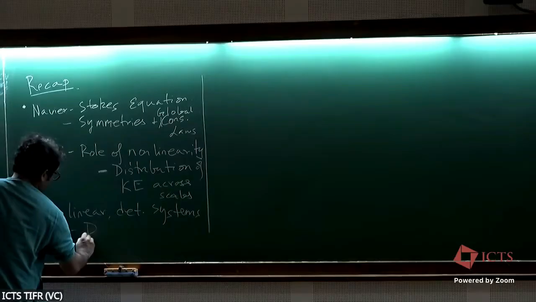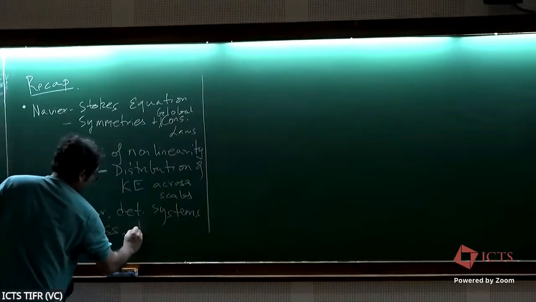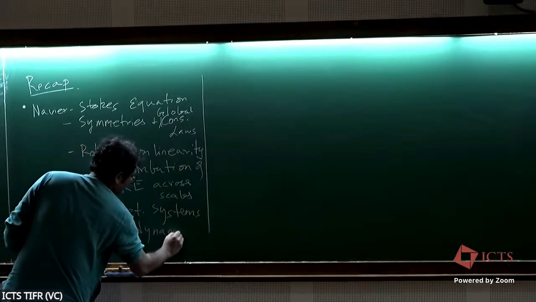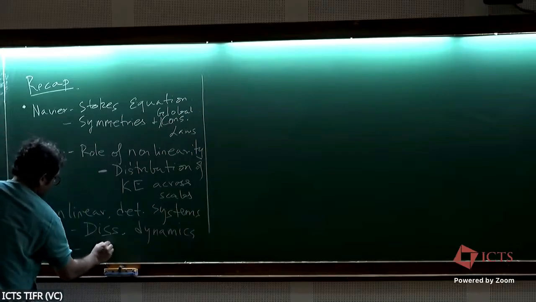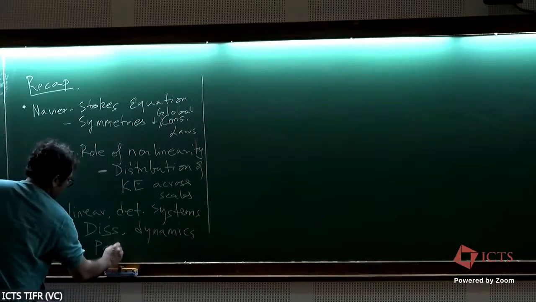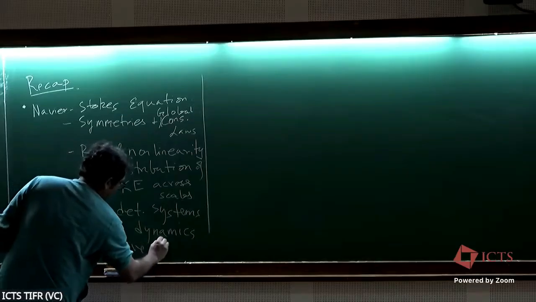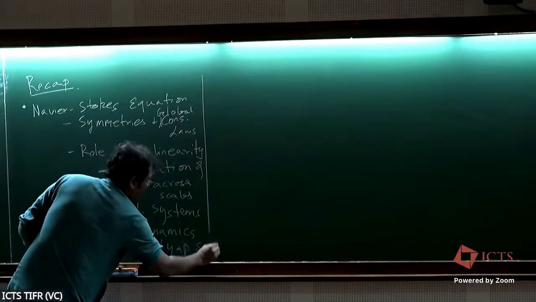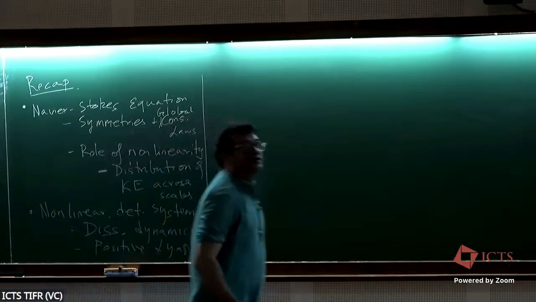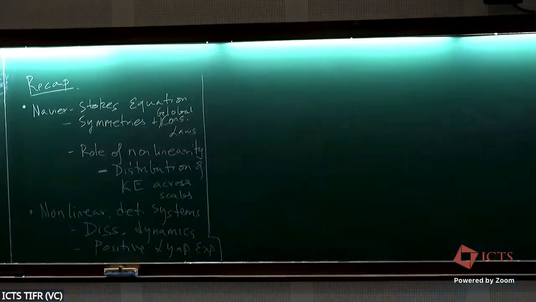And we showed the ideas of dissipative dynamics, attractors, etc., and the fact that you essentially have a positive Lyapunov exponent. So this is just a quick recap of things that we did in our lectures yesterday.